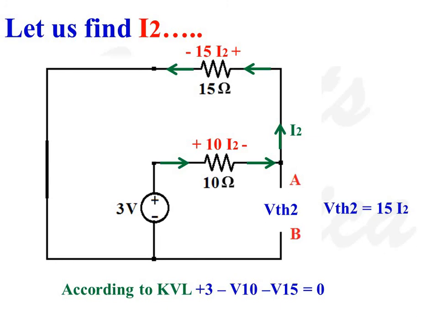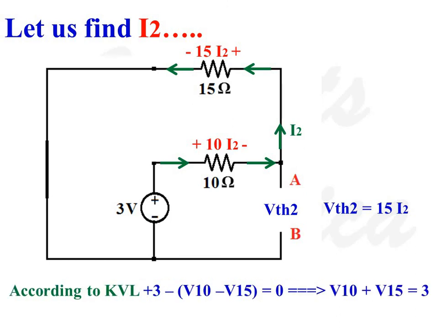To find I2, apply KVL in this loop, which consists of 3 volt source, 10 ohms resistance and 15 ohms resistance. We get 3 minus V10 minus V15 is equal to 0, or V10 plus V15 is equal to 3.